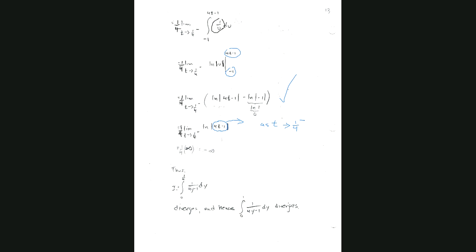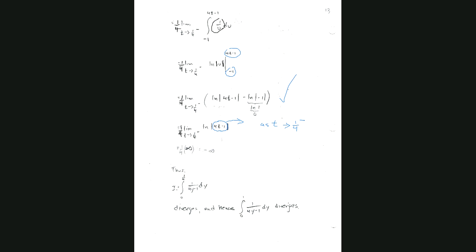Not meant to be tricky. 4 times t minus 1 approaches what number as t approaches a fourth? So take 4 times a fourth and subtract 1. You get 0. Okay, you were close, and I thank you for your answer.